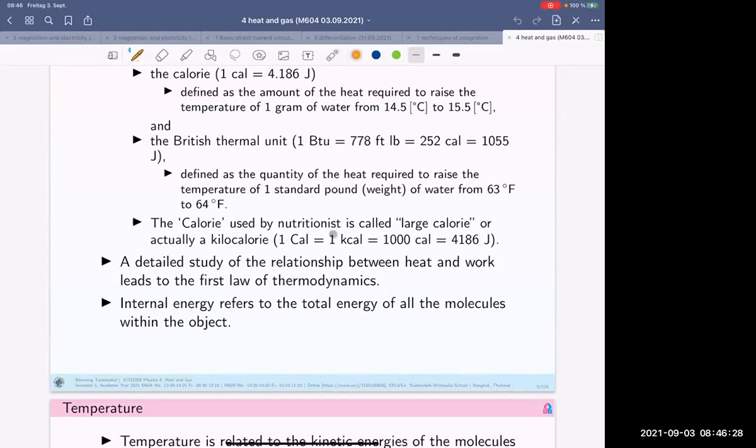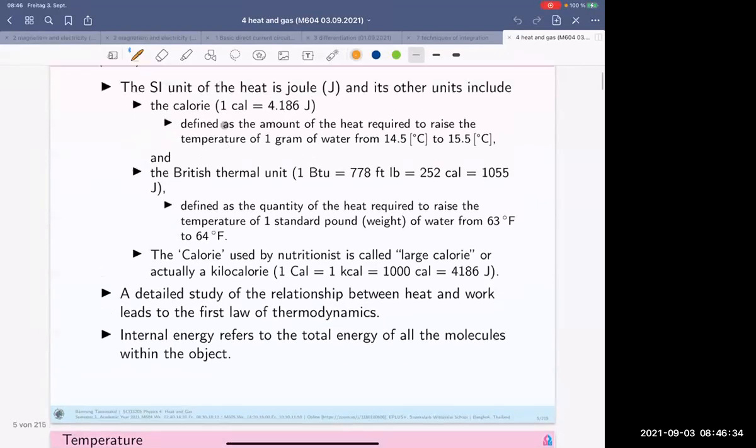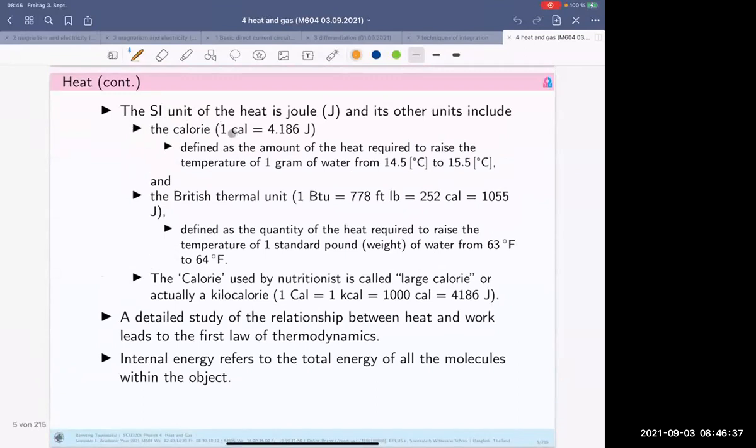The capital calorie is the 1,000 times higher version of the small calorie here. Okay, instead of 4.186, it's equal to 4,186.